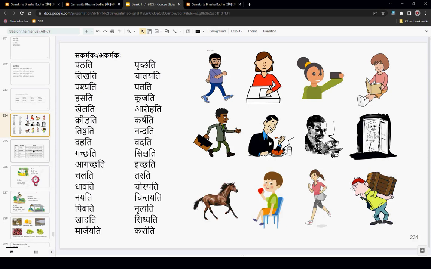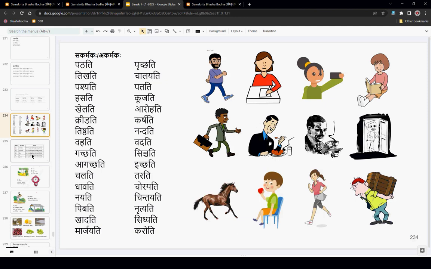Aham mama sakhi milami. Can I say that? Yeah, it is partially correct. This is milami. Again, note that we are trying to use milami. Is it sakarmaka or akarmaka?